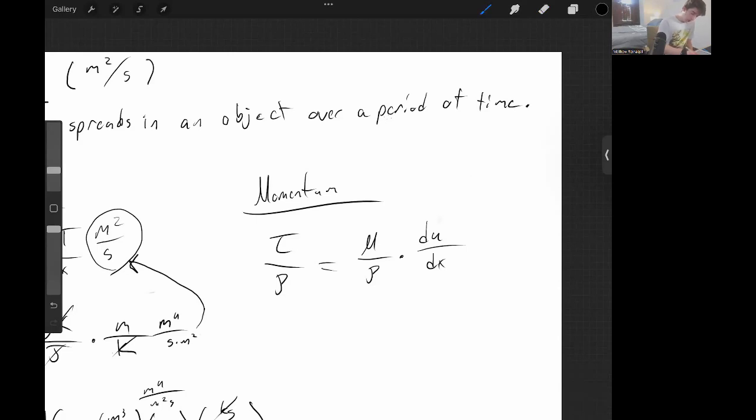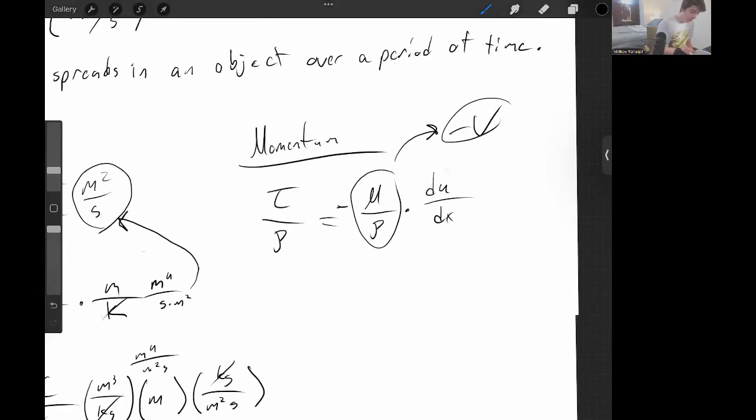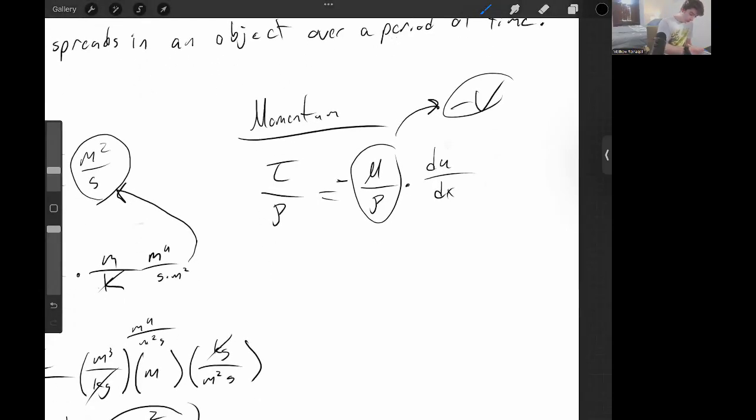All right, so we're going to do the same thing. I'm actually going to turn this into negative mu just for the sake of simplifying this. This is negative mu, how this would also be expressed. So shear stress, well, that is kilograms meters squared a second, and we're going to multiply it by the inverse of pressure, which is meters cubed per kilogram.